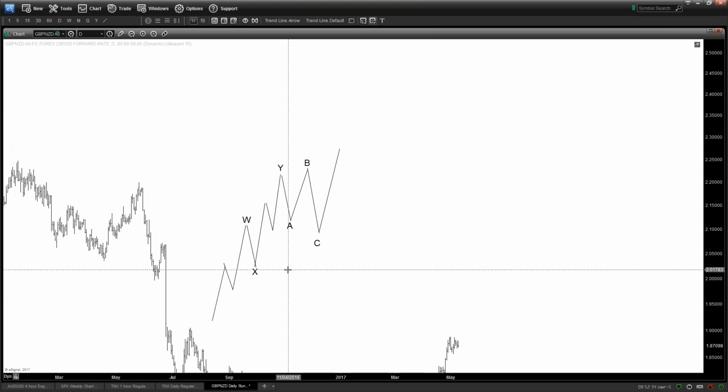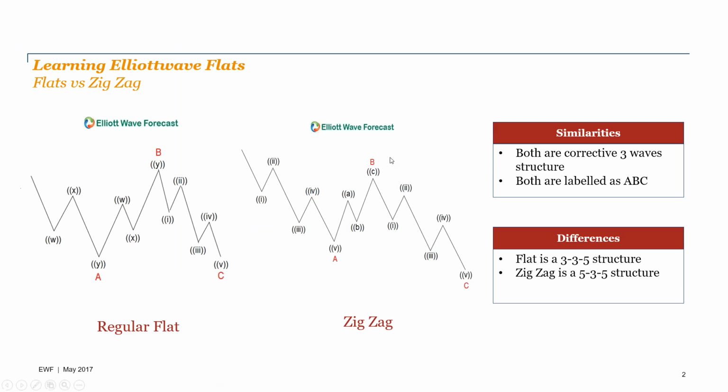Okay, so in other words, 5 waves do not tell you a lot of things unless you know the bigger structure, right? Unless you know the bigger structure, 5 waves does not guarantee anything. All right. So this is a flat versus the zigzag.